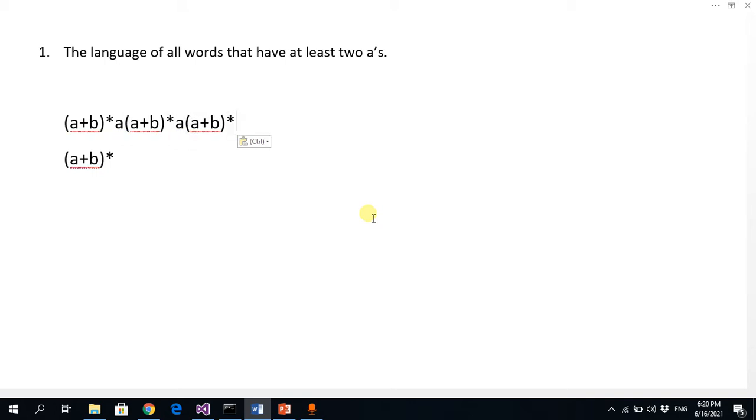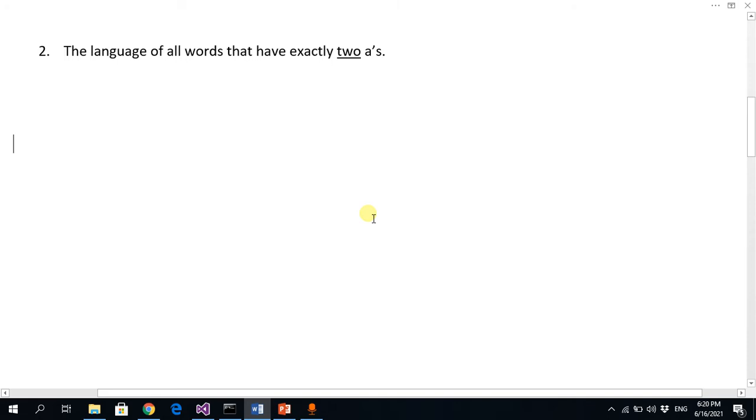Alright, so this is the regular expression for the language having at least two A's, but there is no upper limit. And next we have another scenario where we have to write the regular expression for the language where all the words have exactly two A's, like A and A, but exactly no more and no less than two A's.